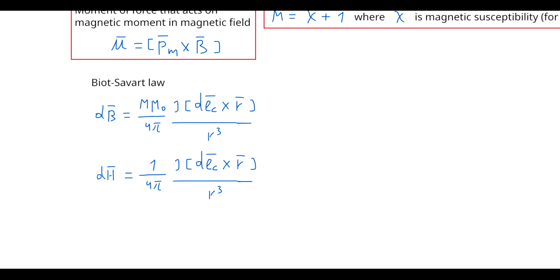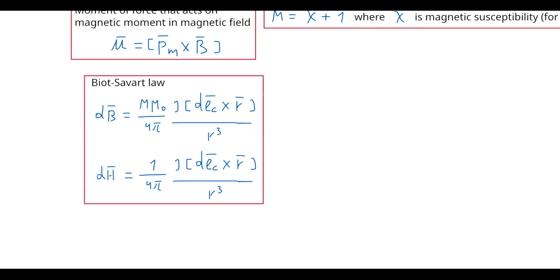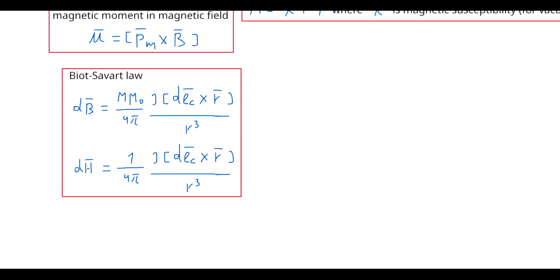So this is the Biot-Savart law in its classic form for linear current. Okay, and I will make a picture to explain this formula.